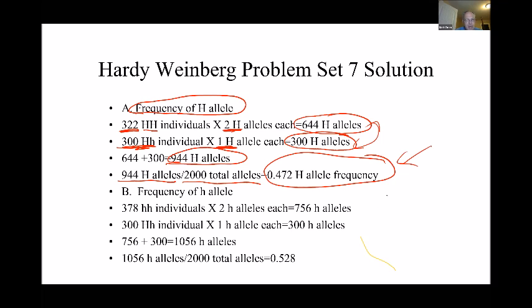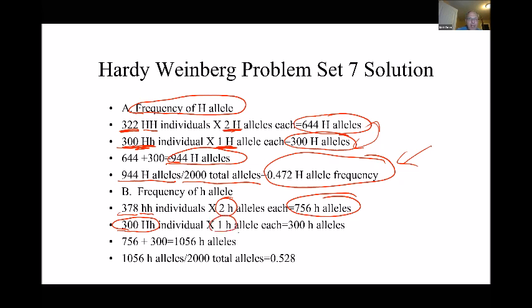Now we do the same kind of calculation for the little h allele. There were 378 people that had curly hair, and they're homozygous recessive. So if we multiply that 378 times 2 little h's apiece, that gives us 756. Remember, there were also 300 people that were heterozygotes, individuals with wavy hair.